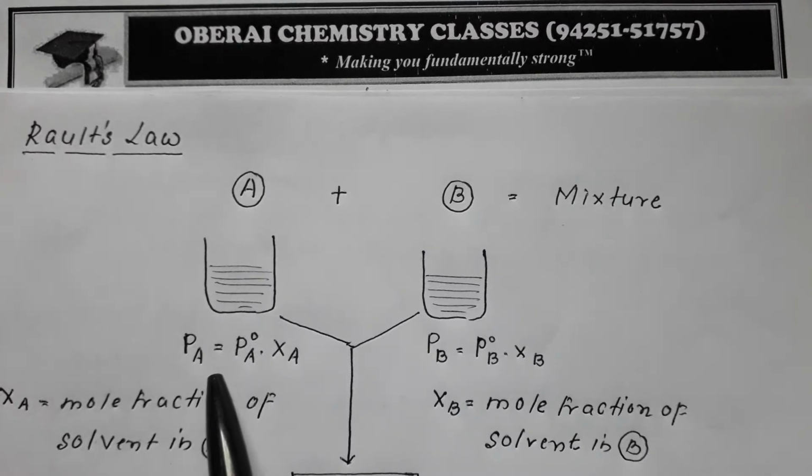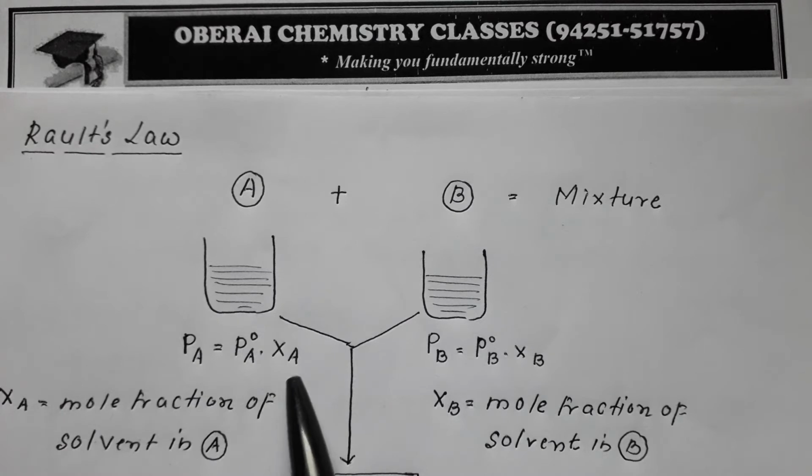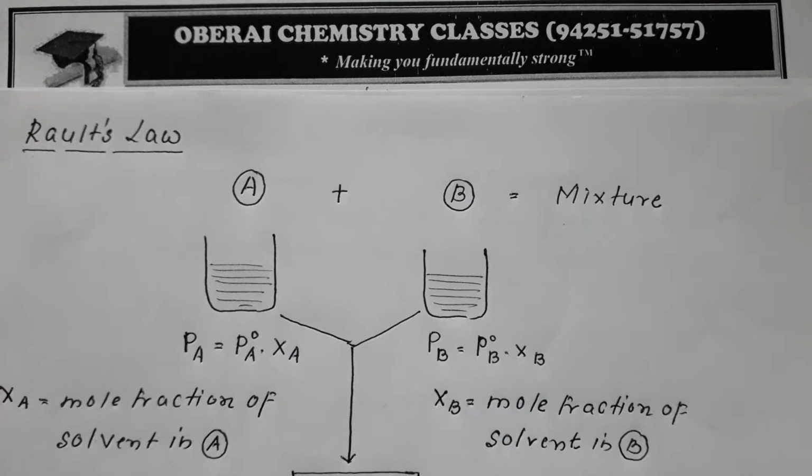PA is equal to P0A into XA. What is PA? It is the vapor pressure of solution A. What is P0A? It is the vapor pressure of pure solvent in A. And XA is the mole fraction of solvent in solution A.